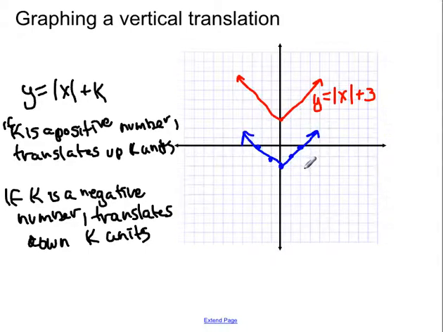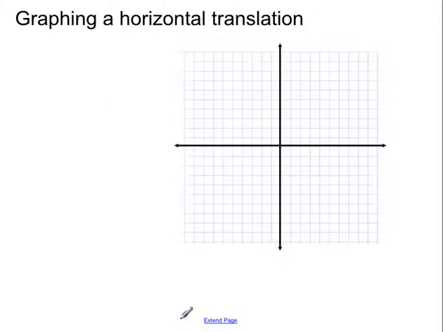Okay, this would be the graph of y equals absolute value of x subtract 2 because I went down 2 units. Okay, now horizontal translations aren't quite as easy as vertical translations. So horizontal translations kind of have a surprise, and it's kind of the reverse of what you might think. So I'm going to show you why.